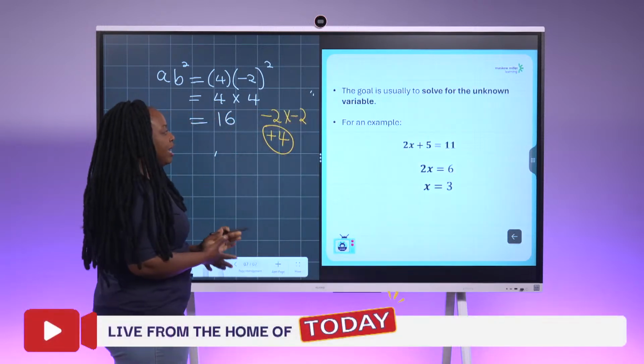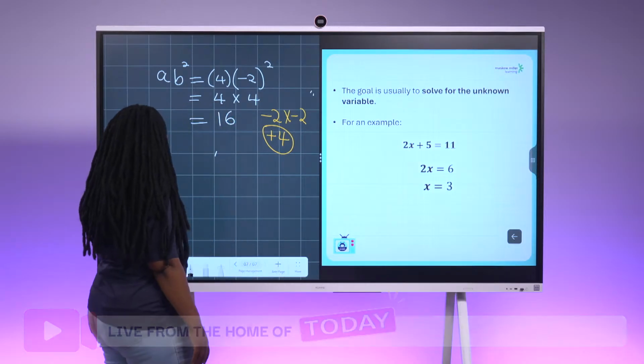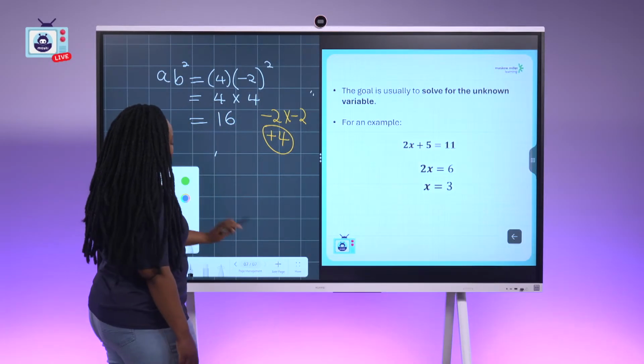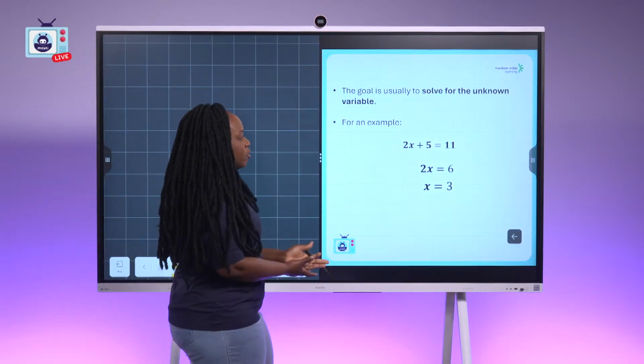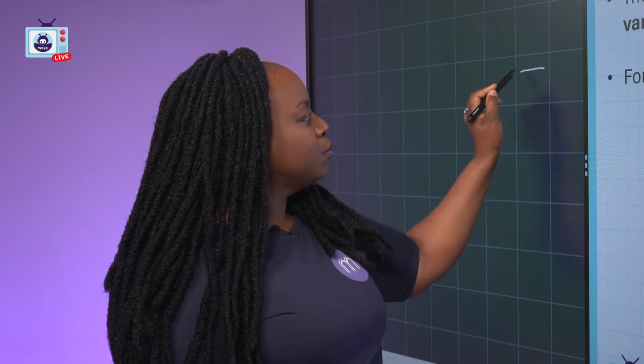Here, if we have equations like this, the goal will usually be solving for the unknowns that you don't know. So you're solving for something that you don't know. It will either be x, y, p, r, whatsoever that they give you which you don't know. In lower grades, they used to just put a square.